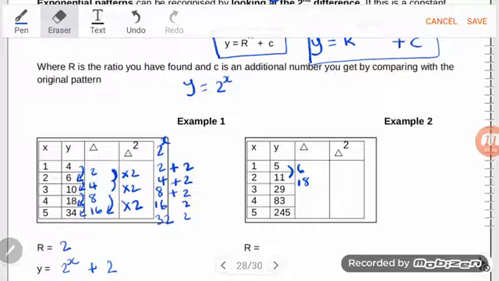Difference between 29 and 83 is 54. And the difference between 83 and 245 is 162.